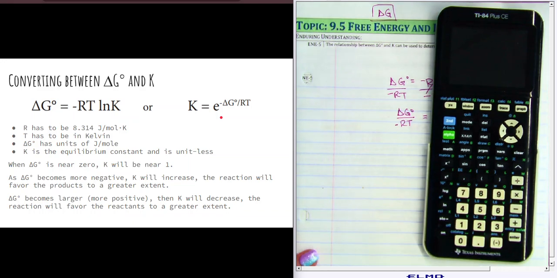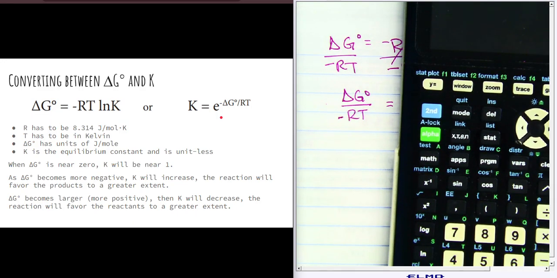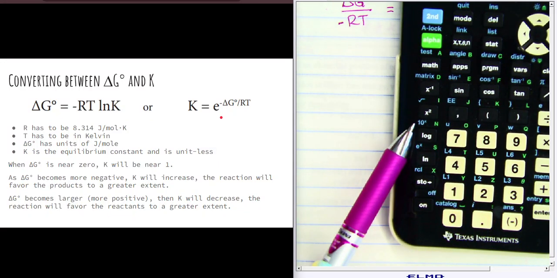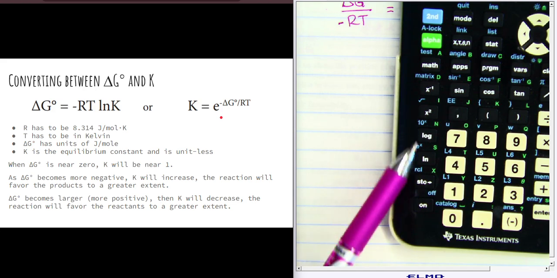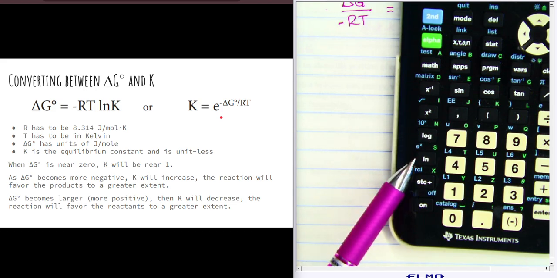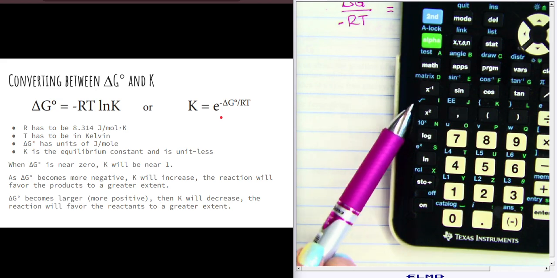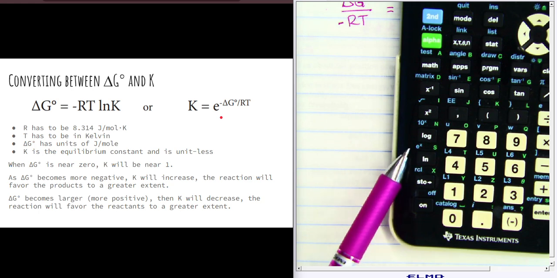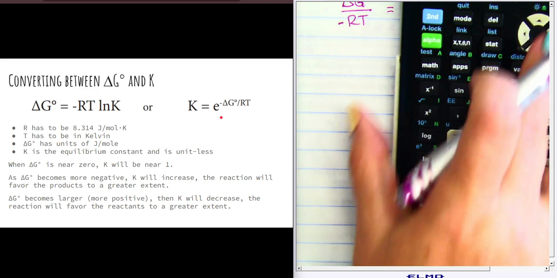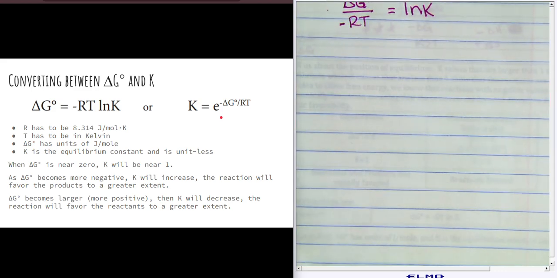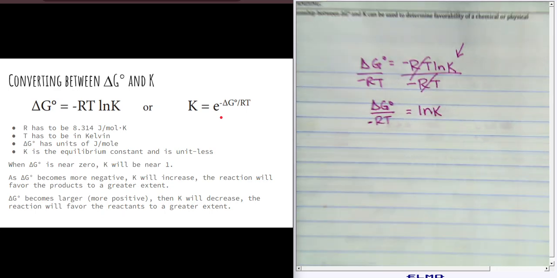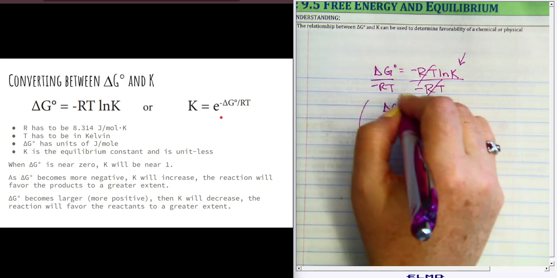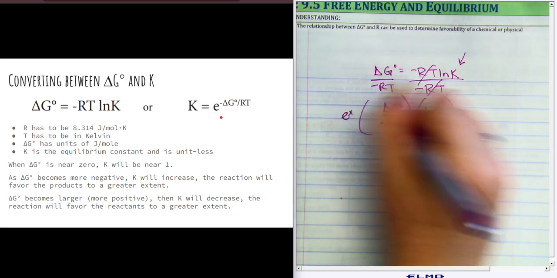So again, you don't have to have this memorized. It's on your calculator. Remember, the inverse of the log is 10 to the x. Your calculator tells you what your reciprocals and inverses are, just like the inverse of the square power is the square root. So the inverse of the natural log is e to the x. And algebra's law states that what I do to one side of my equation, I have to do to the other side. So I need to raise both of these sides e to the x.